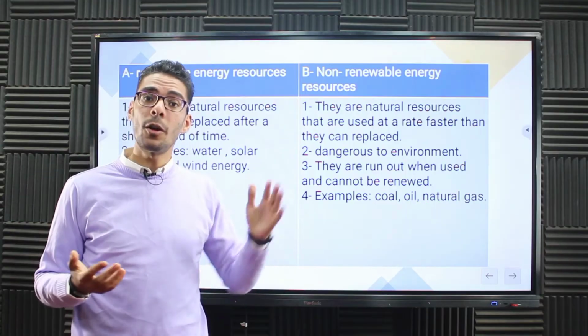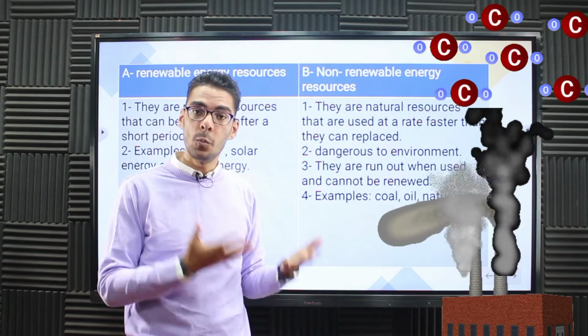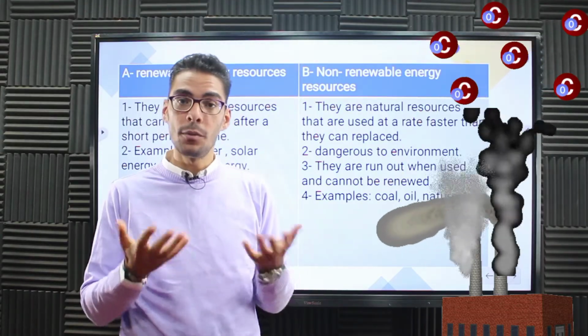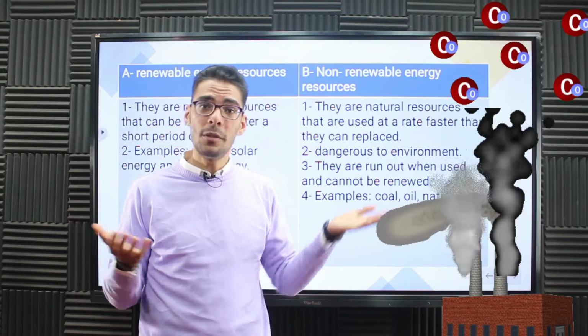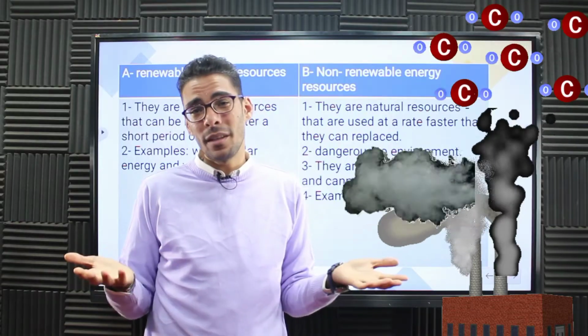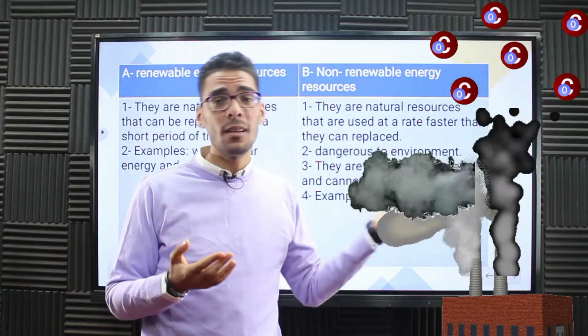The matter is different on the other hand with the non-renewable sources of energy, such as wood, maybe coal, maybe oil, because when we burn them to make them useful, the carbon dioxide and the harmful gases that are produced by the non-renewable sources have harmful effects on our environment. Also, they are limited, so one day they're going to be finished.